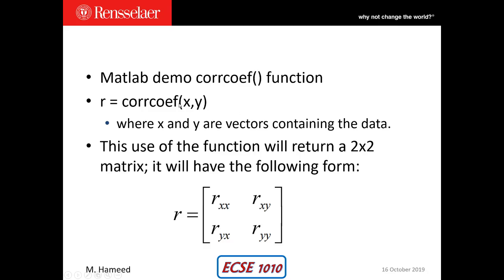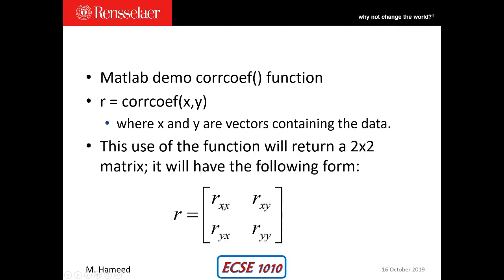We are going to use the Matlab function corr to find out the correlation coefficient between two data sets x and y. If we can set up x and y as two vectors containing the data, we can use this function to find out the correlation coefficient between them. Note over here, this function returns a 2 by 2 matrix. Each of these elements is going to correspond to the correlation between x and x itself, x and y, y and x, and y and y.